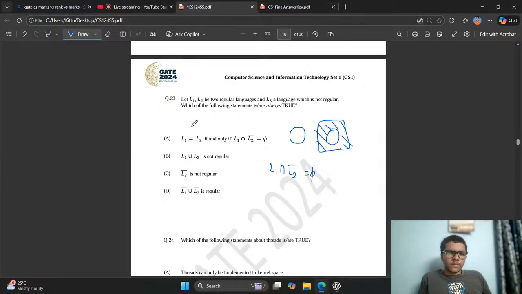20. Okay, is multiple correct. So language can either be regular or not regular. L3 complement is not regular. No, no, no, no. L1 alright.